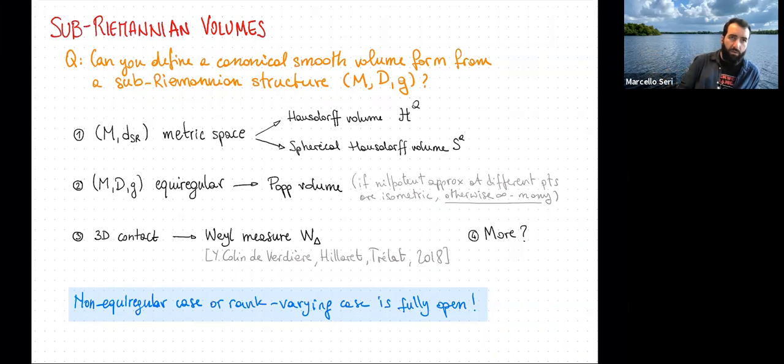So in quantum ergodicity, what you say is that waves become random. The solutions of your Laplace-Beltrami operator look more and more like a random wave if the underlying geodesic flow is ergodic. And then you have a limiting measure that comes from this, that is the Weyl measure. What they proved is that if the Reeb flow is ergodic, then you have quantum ergodicity and a limiting measure that is smooth and that you could use for defining the Laplace-Beltrami operator, and it's not the Popp measure. But there is at least another definition of measure.